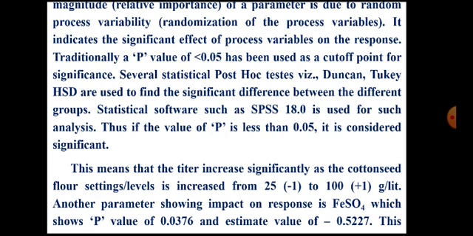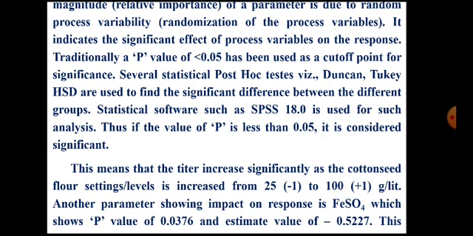These tests are used to find out the significant difference between different groups, or between the effects of different factors. Statistical software, SPSS 18, the latest version, is used for such analysis.